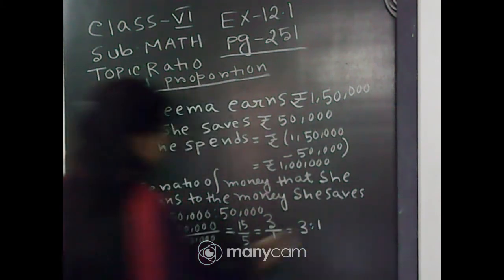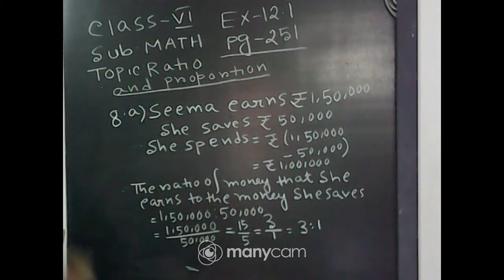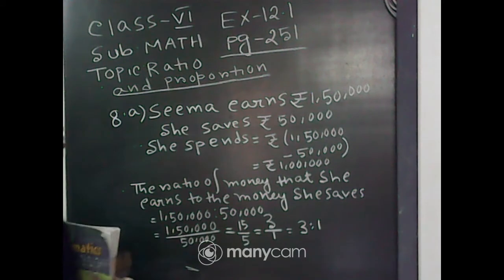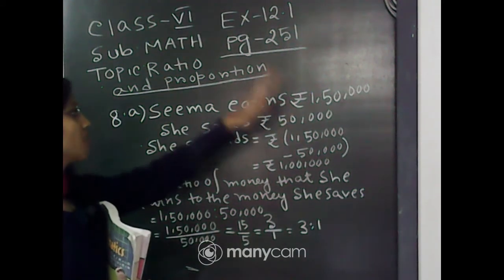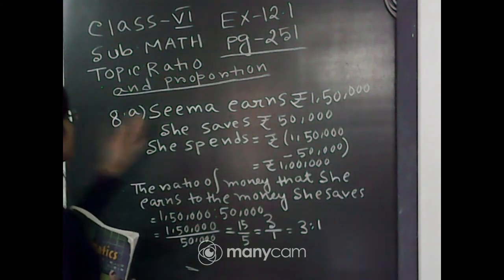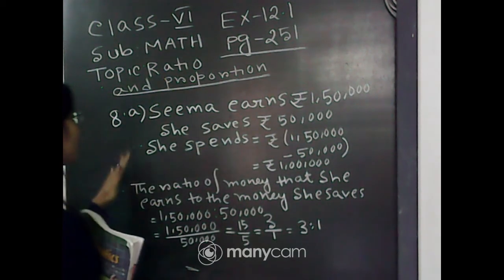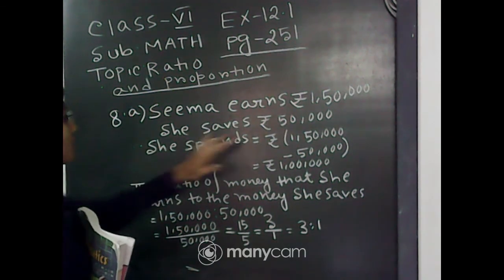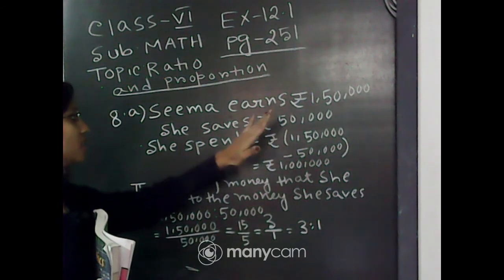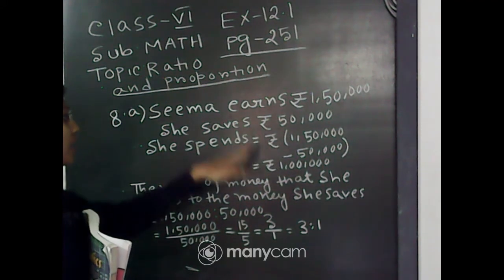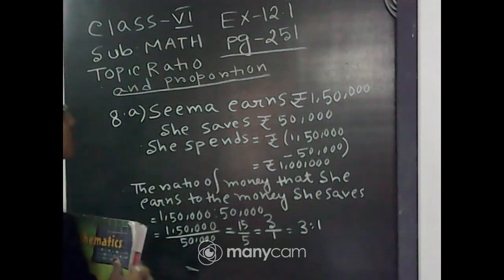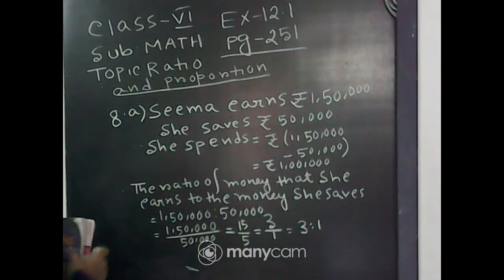3:1. Again I repeat, Seema earns rupees 1,50,000 and she saves rupees 50,000. Therefore, she spends rupees 1,50,000 minus rupees 50,000. That is rupees 1 lakh.